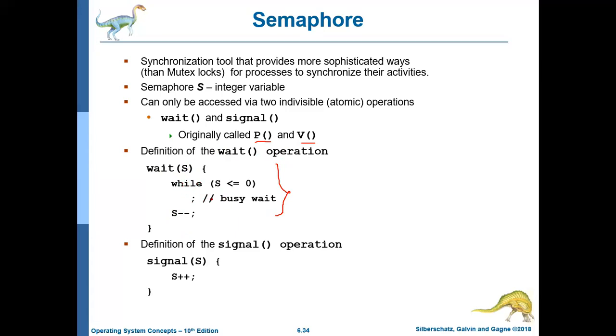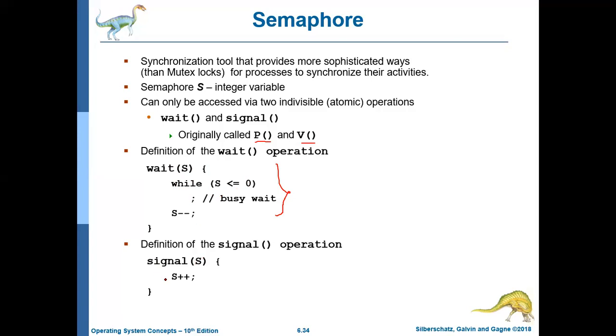If the value of S is 0 or less than 0, you have to wait. The loop works when the value of S is less than or equal to 0, and it's an infinite loop. You will be stuck in this loop until the value of S becomes greater than 0.